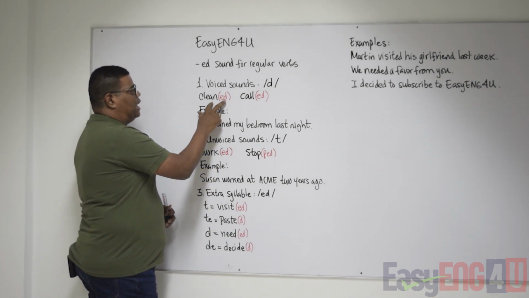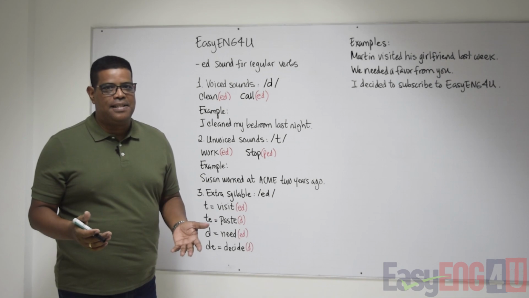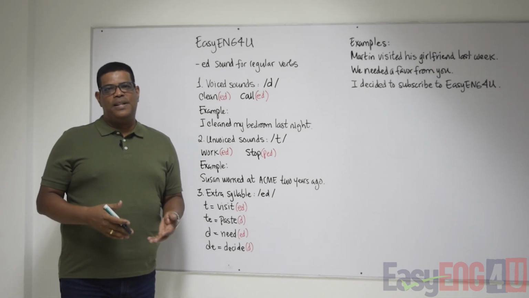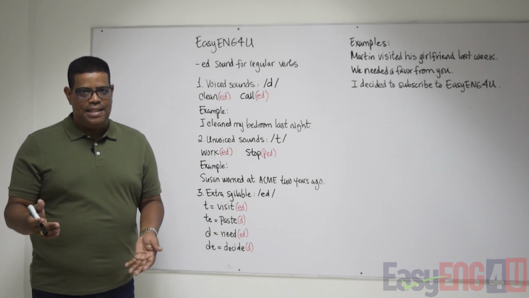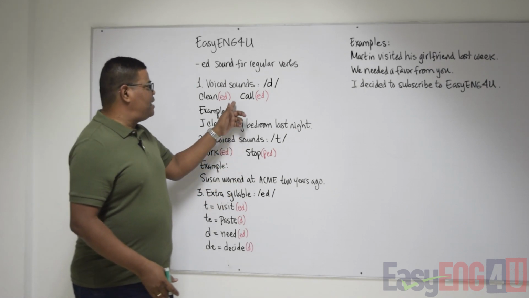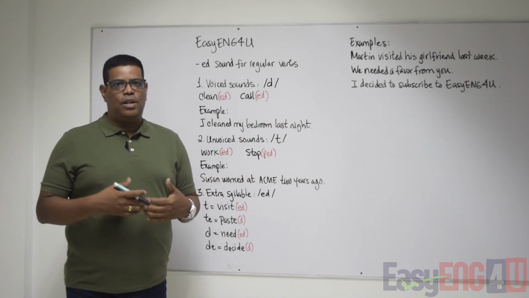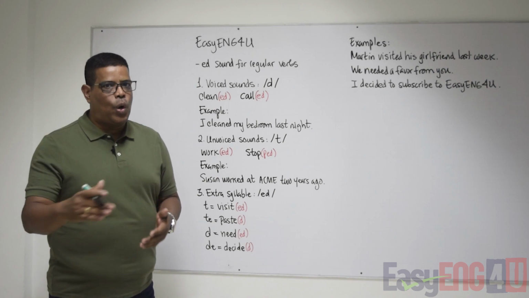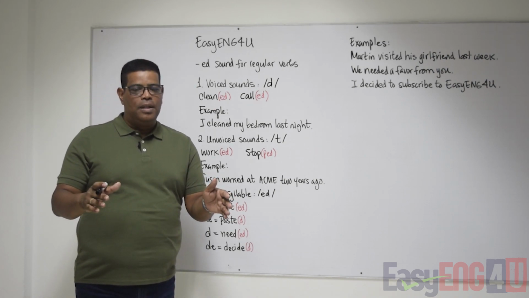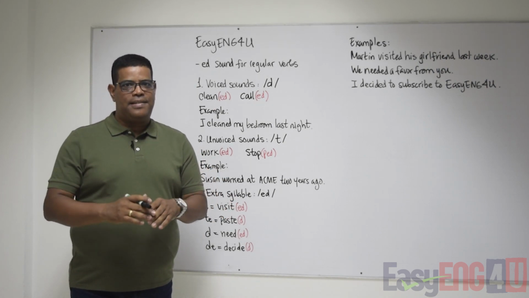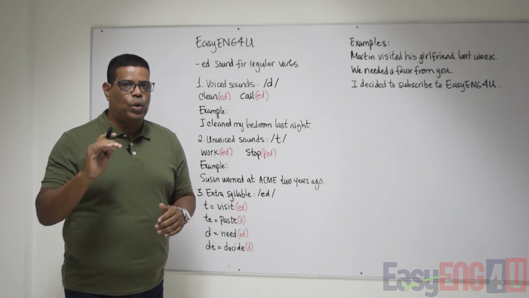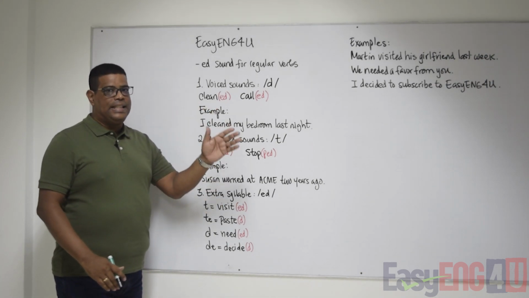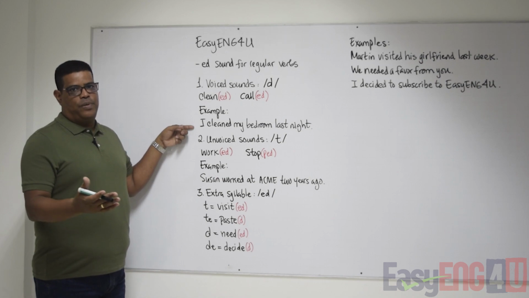So, this is cleaned and not clean. It's a common mistake students make, okay? It's not clean, it's cleaned. It's not call, it says called, okay? Called and not call, because cold is frío, is cold, cold. And this is cleaned.